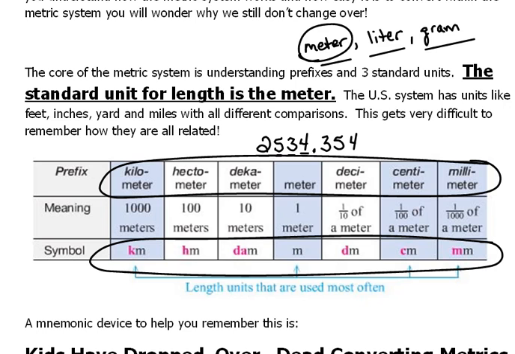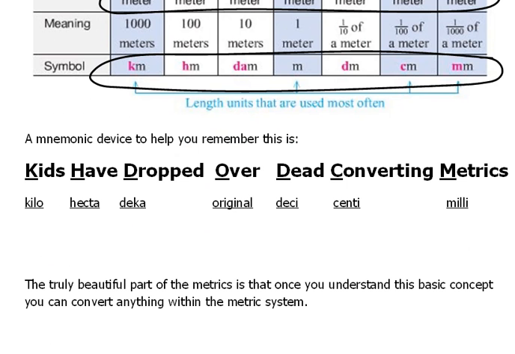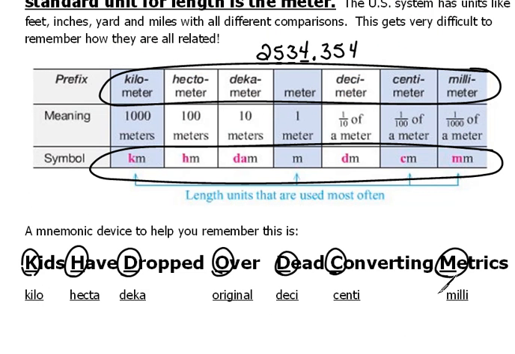Now there's a real nice mnemonic device to help you remember this. That is, kids have dropped over dead converting metrics. If you can remember this, those first letters will help you remember what prefix you're using. So you may want to take some time and write this down so that you have it and we can use it in the next video.